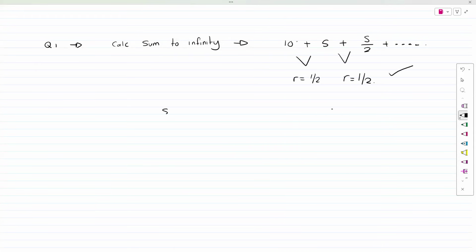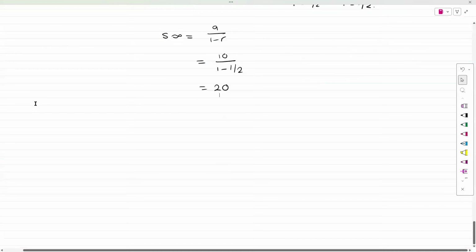The sum to infinity formula is generally easy. That's a over 1 minus r. A is 10, 1 minus half. And the sum to infinity, no matter what happens, when you add it to infinity, it should equal 20.